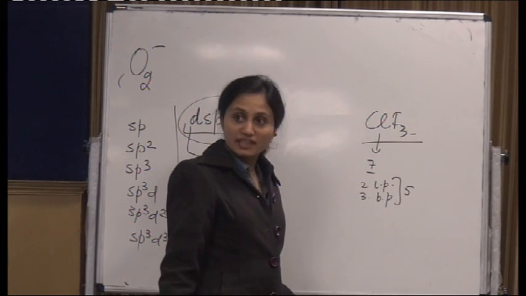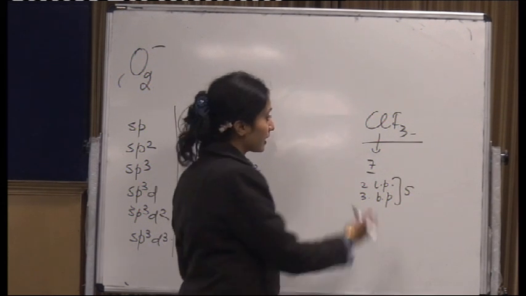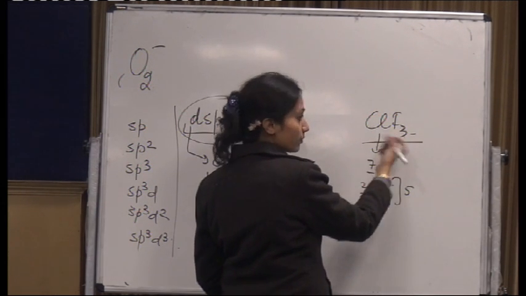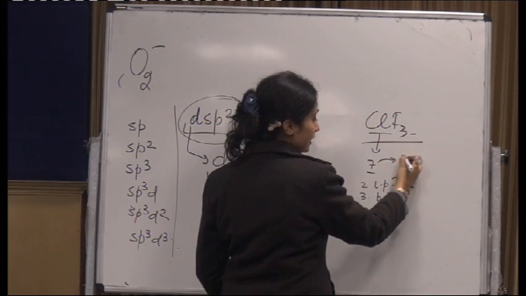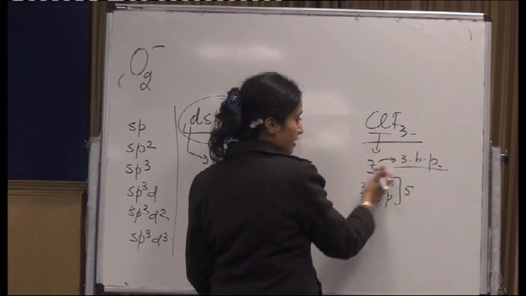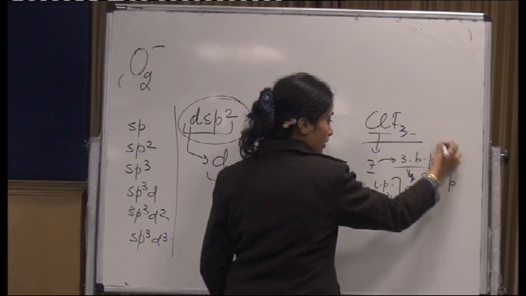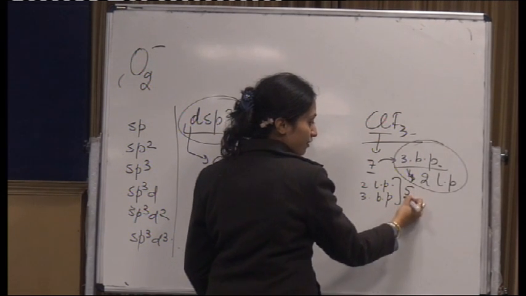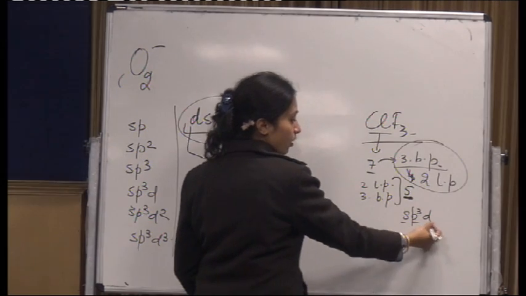There are many ways of doing it. Now you know all the ways, okay? If you do it by VSEPR theory, you have 7 valence electrons, out of 7, 3 have formed bond pairs, okay? So 3 bond pairs, how many are left? 4 electrons means 2 lone pairs, so total is 5, and 5 means sp3d, 1, 4 and 5.